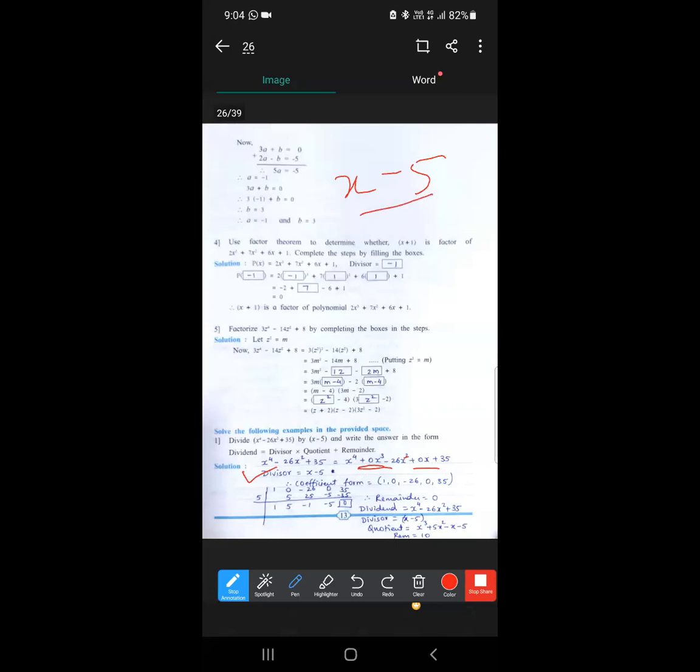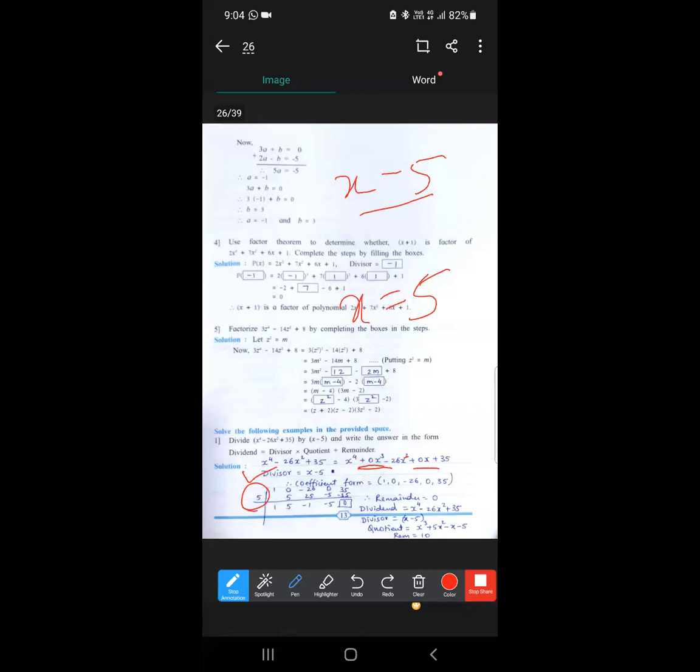So x minus 5 means we have to take the value of x as 5. So the divisor here is x minus 5, and the value of x will be positive, since it is given as negative. If it is positive, then it will be negative.